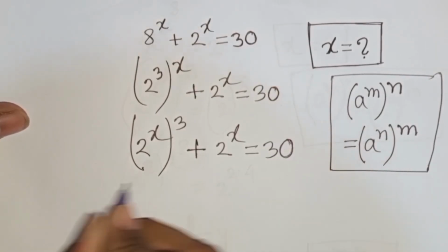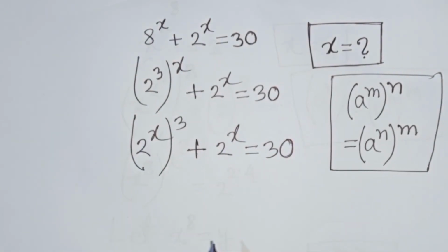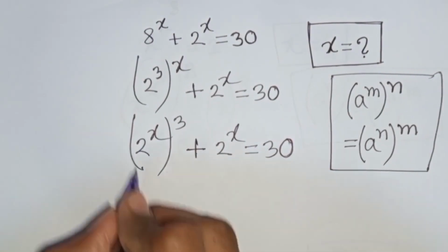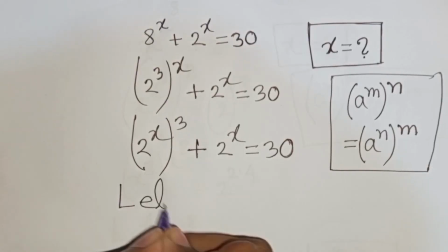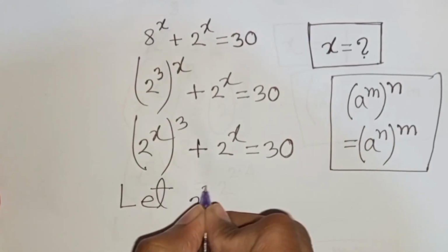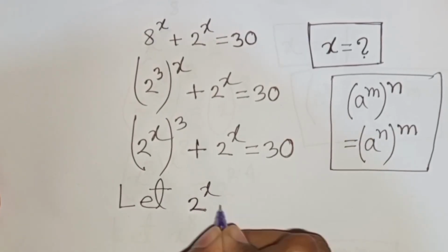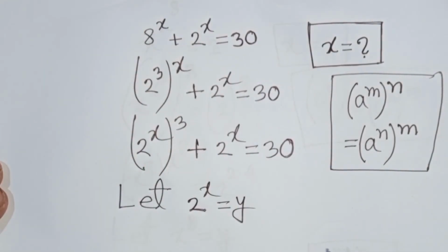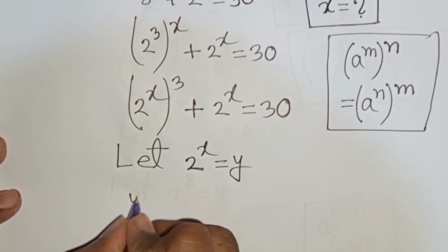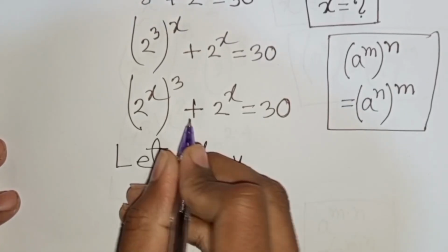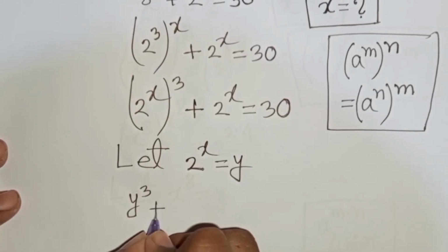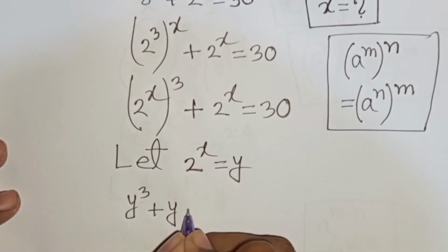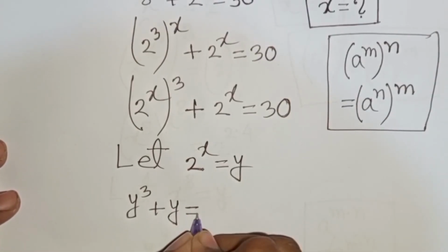Now we see 2 power x, both term is same. So let 2 power x is substituted by y. So our equation will be y cube plus y is equal to 30.